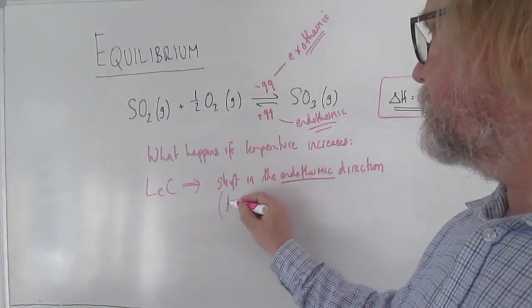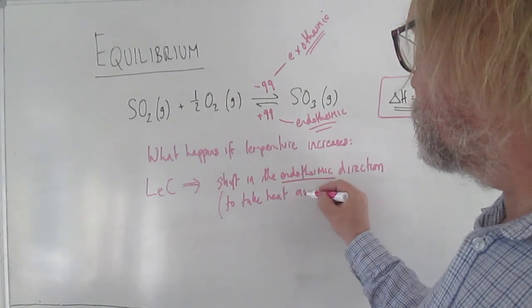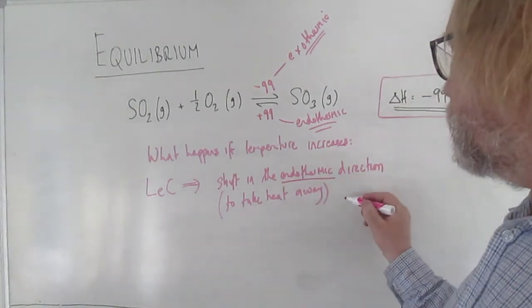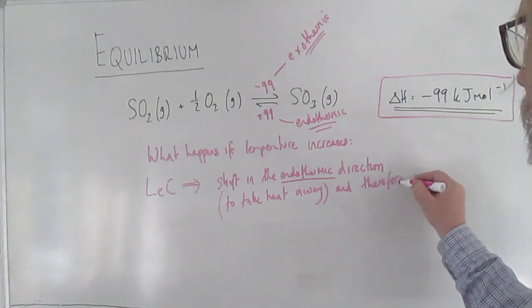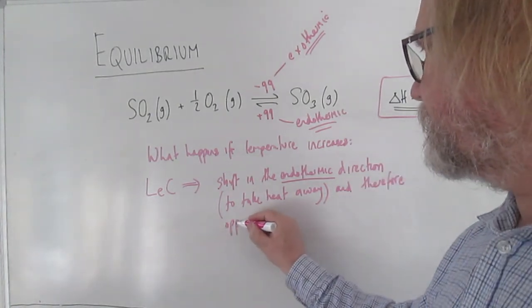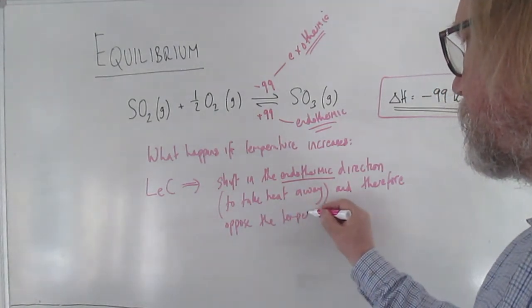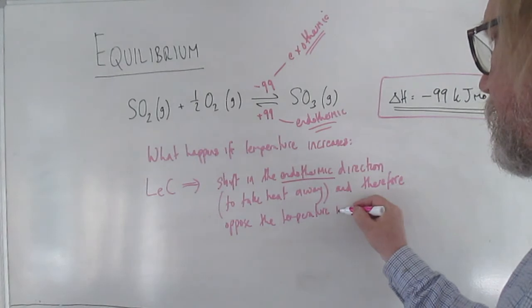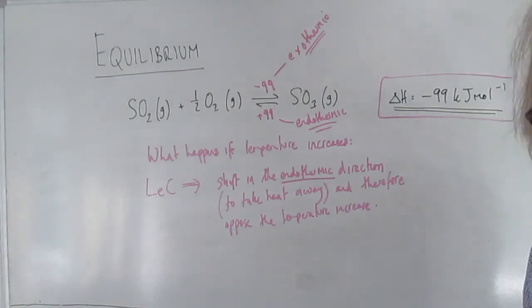Which means that we'll take heat away and therefore oppose the temperature increase. Okay, so it's the same kind of idea as we had when we changed the concentration of a substance.